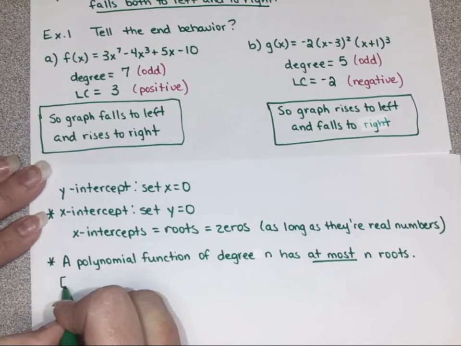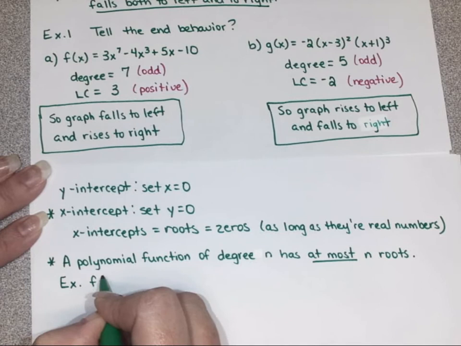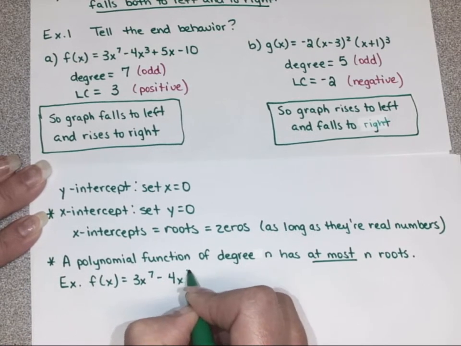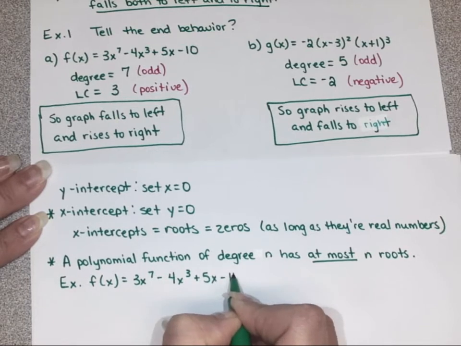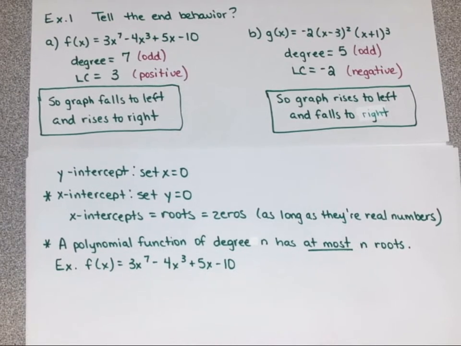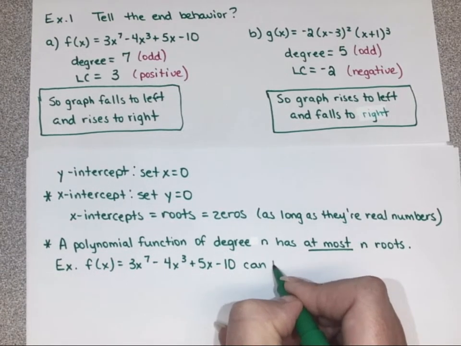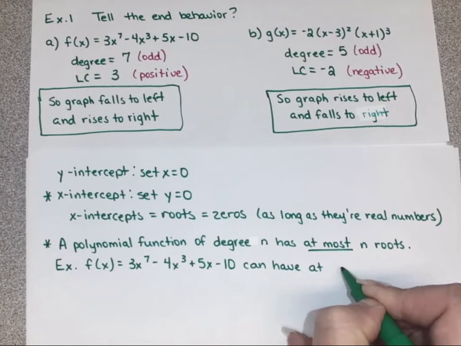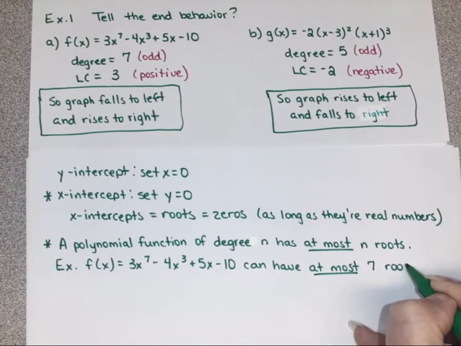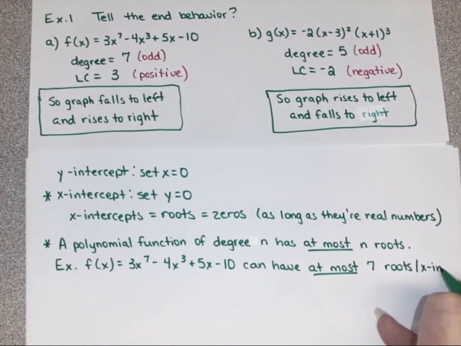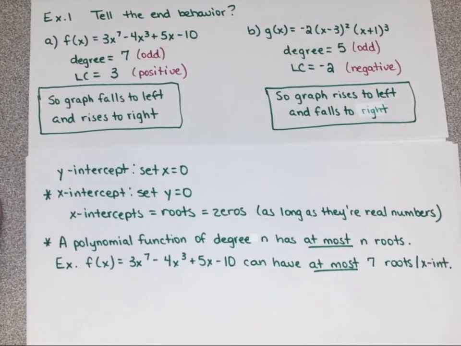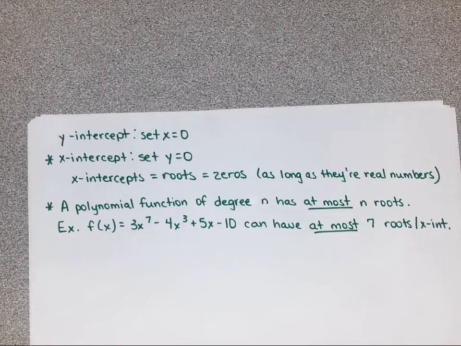An example would be that function we were looking at above, the 3x to the 7th minus 4x cubed plus 5x minus 10. What is the most number of x-intercepts I can expect here? I can have at most 7 roots, slash x-intercepts. Okay, that doesn't mean I'll have 7, it just means I shouldn't have any more than 7.